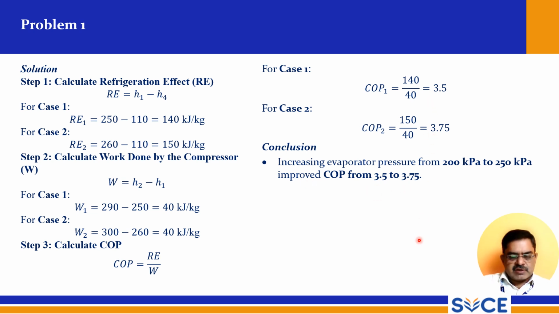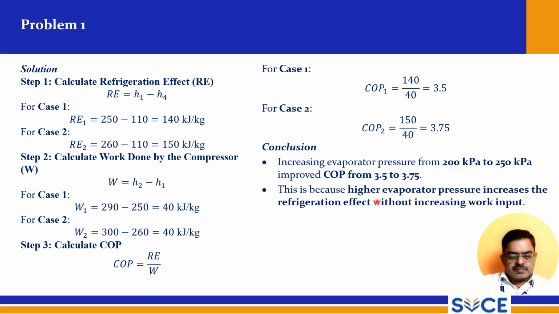So it is a desirable operation. On increasing evaporator pressure, we get better COP, because higher evaporator pressure increases the refrigeration effect without increasing work input. So without increasing work input, we get better refrigeration effect. This is the conclusion from this problem. Increasing from 200 to 250 kPa gives a desirable COP.